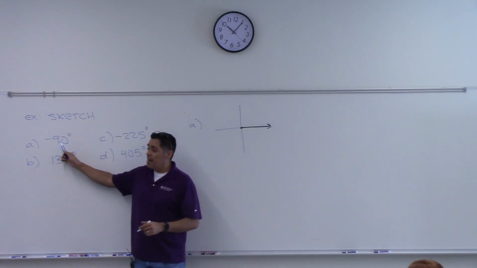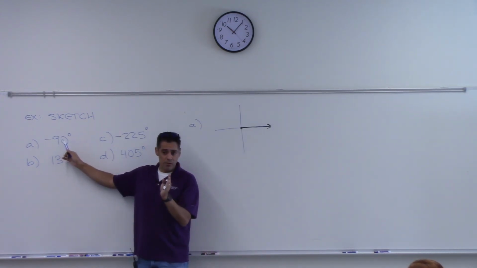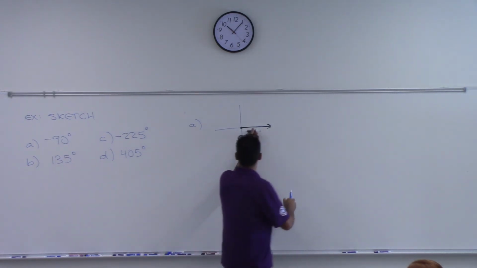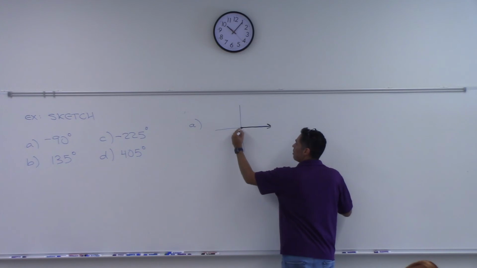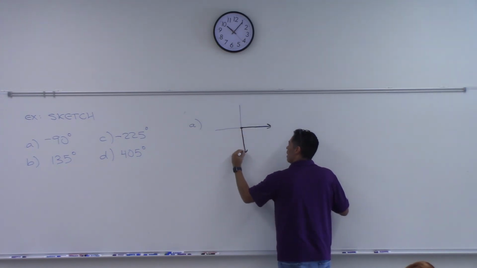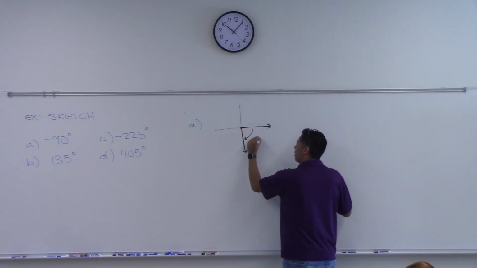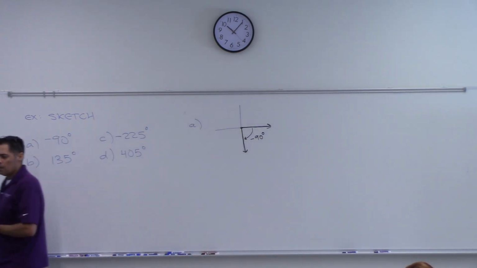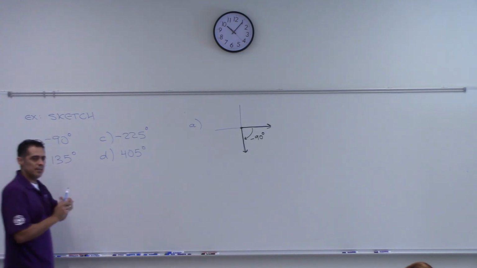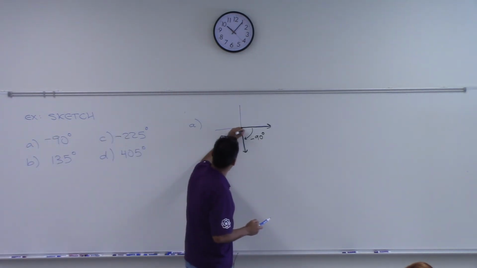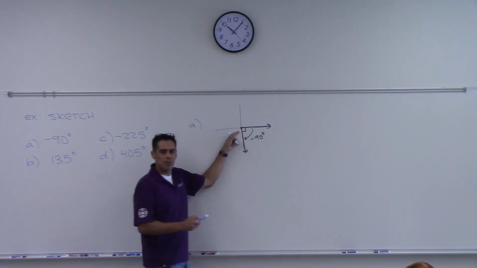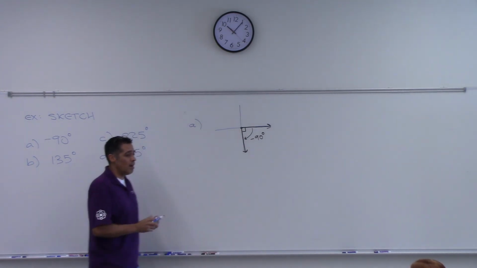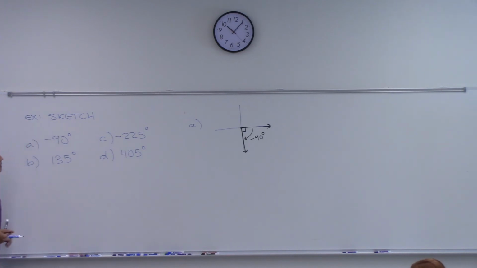Well, we're going 90 degrees, which is 1/4 of a revolution, but it's negative, which means we go clockwise. So I'm going to rotate clockwise to here and go straight down. And I'm going to label that angle negative 90 degrees. Whenever we have a perfect 90-degree angle like that, we usually put a little box in the corner. You've seen that before? That lets everyone know, hey, you're looking at a right angle, 90 degrees.